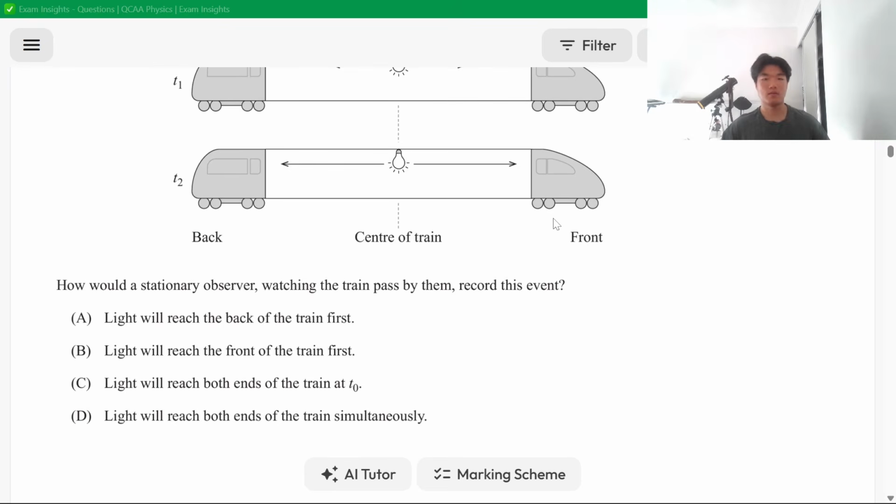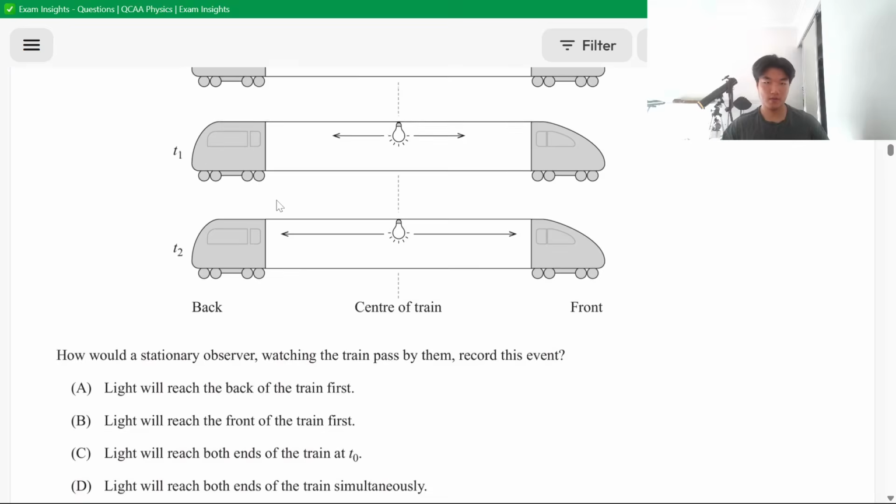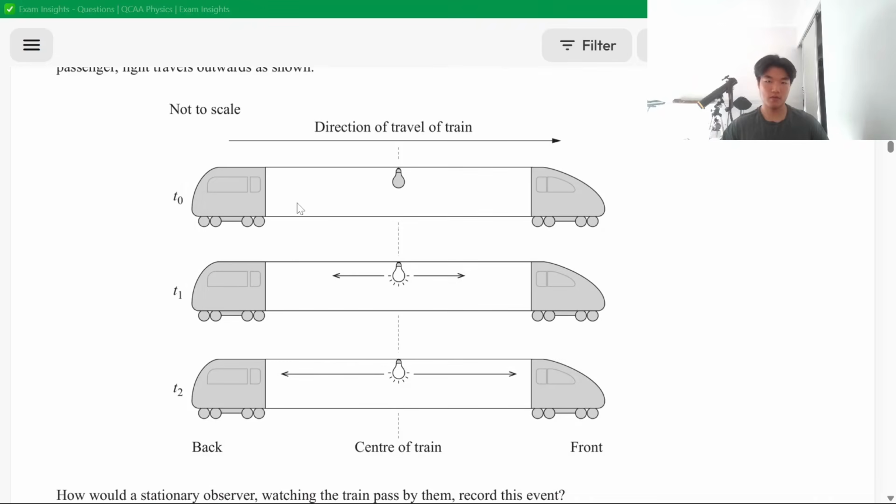Thing is, technically, wouldn't it reach the back first? If it's moving to the right, wouldn't it reach the back first? But I'm pretty sure since I'm a stationary observer, it would be identical.